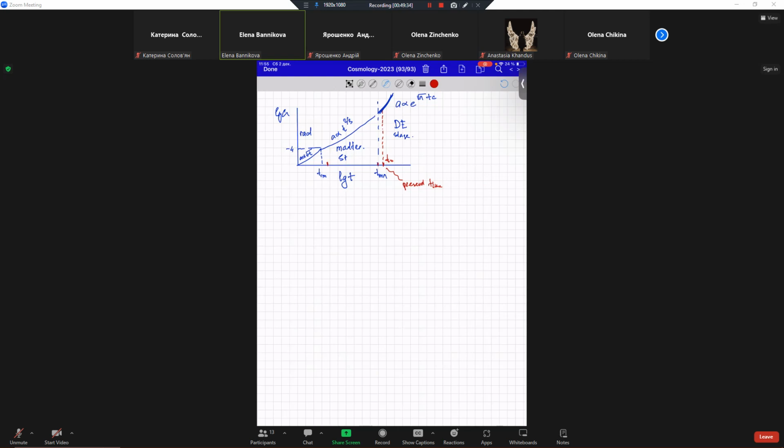Because if dark energy had started to be predominant, to be important at this earlier time, then no gravitating structures could exist, because it would prevent the gravitational contraction of the matter. So this is the point.